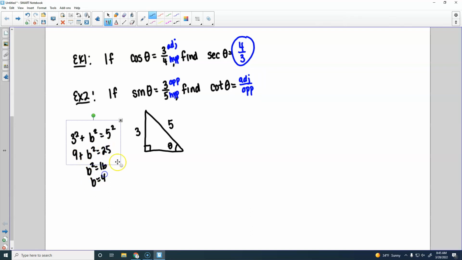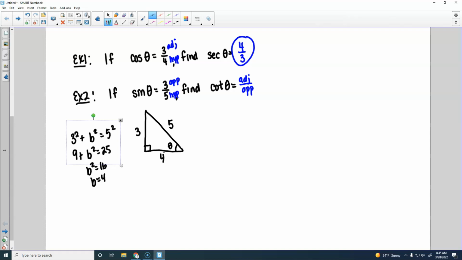So you should get 4. But that should be one you're familiar with. So for Pythagorean Theorem, 3, 4, 5 is your most basic Pythagorean triple, meaning that it's going to work for a right triangle, and they're all whole numbers.